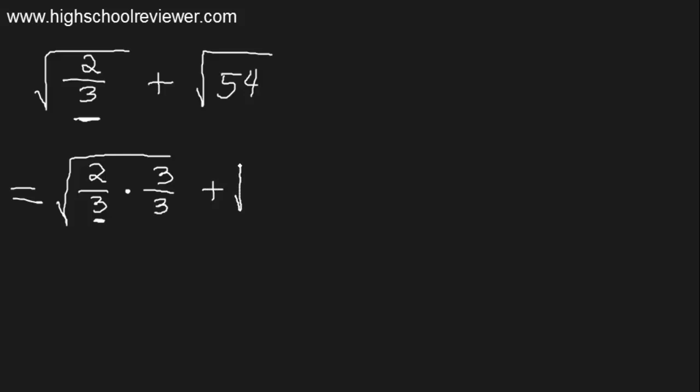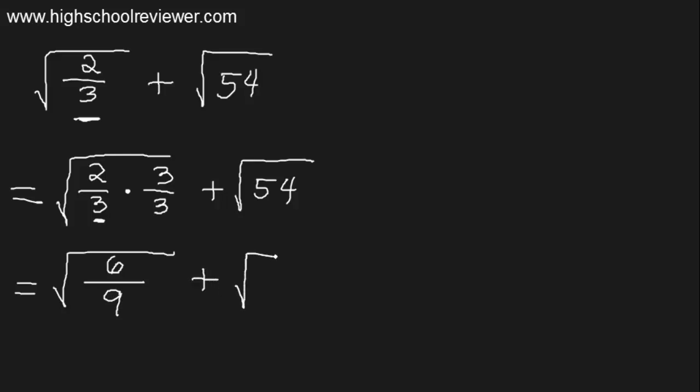Plus the square root of 54. So we will not touch square root of 54 first. Okay, so continuing, we will have 2 multiplied by 3, that is positive 6, all over 3 times 3, that's positive 9, plus square root of 54.